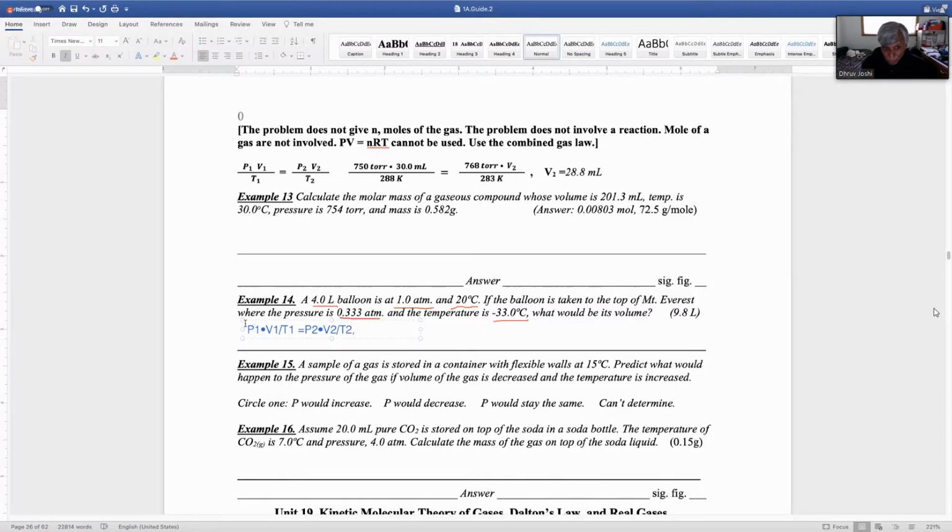And substitute the values. How many values are given to us? 1, 2, 3, 4, and 5. Those 5 values, and the 6th value is unknown.